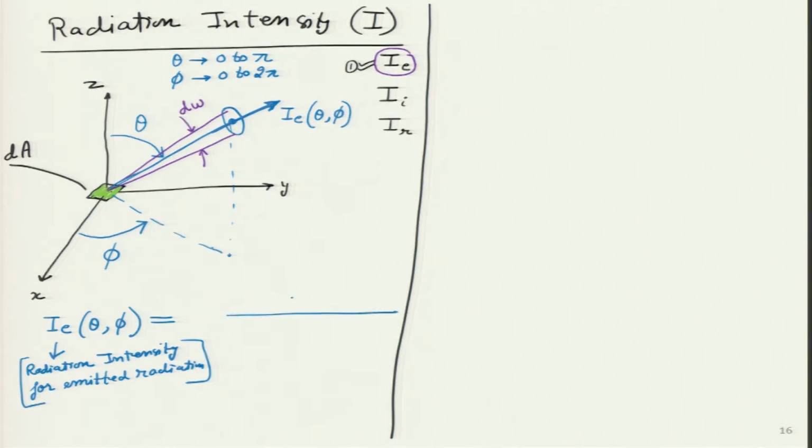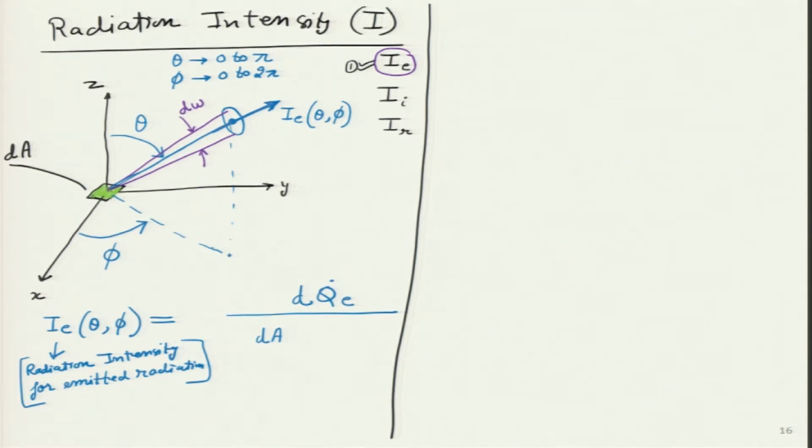Let me first write the expression for that. It is equal to the rate of heat transfer emitted, so I am writing dq dot E, divided by the projected area of this particular small differential element A. If I was just taking the area, then it would be dA.